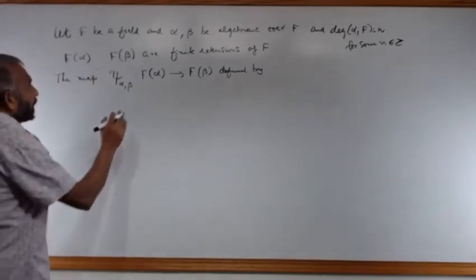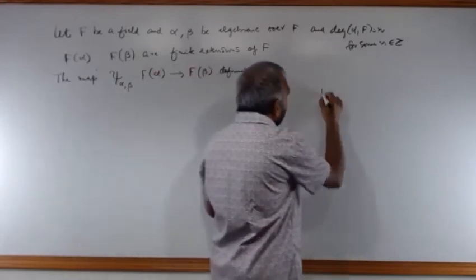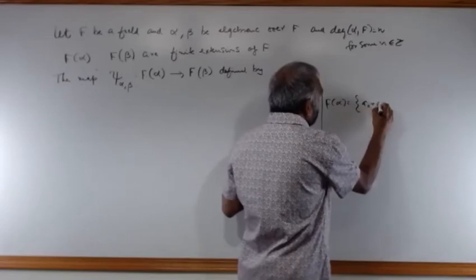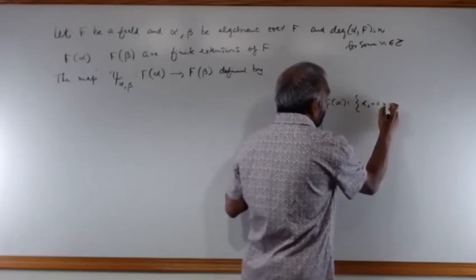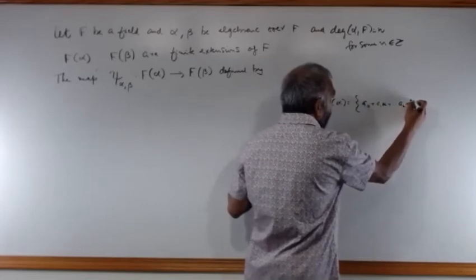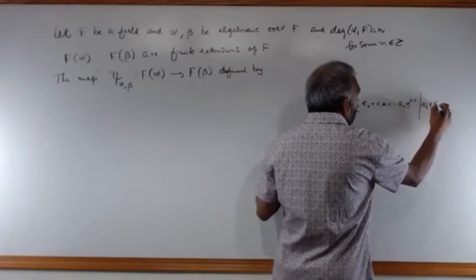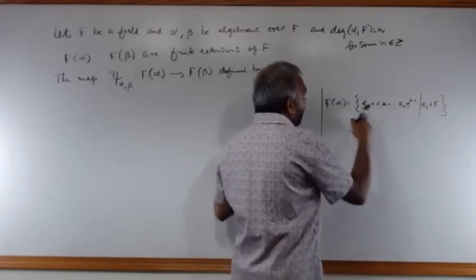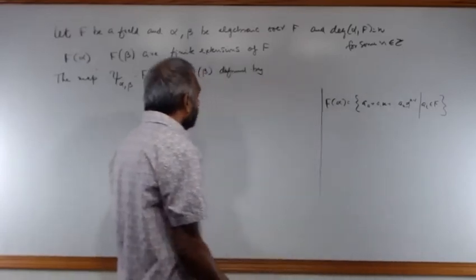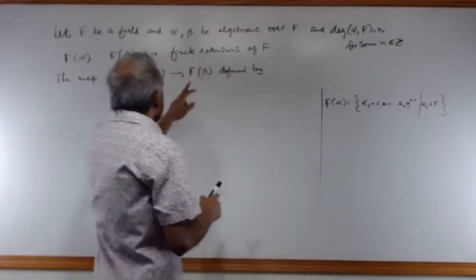So what are the elements of F(alpha)? The elements of F(alpha) are a0 plus a1 alpha plus ... plus a_{n-1} alpha to the power of n minus 1, where ai belongs to F, because the degree of alpha over F is n. So we are going to take one element from here and map it to an element here.